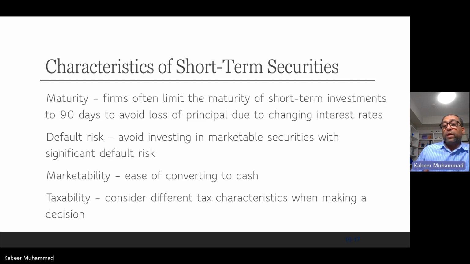So where do we invest? What characteristics do we have to look after when we are investing our short-term idle cash? One thing is that the maturity should be 90 days, not more than that, because the interest rates are fluctuating during that time, because it's short term. Also, we do not invest in those which have a high risk of default.